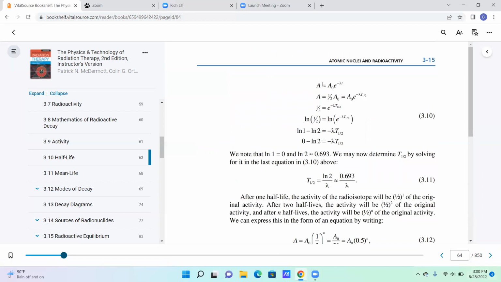So you can see here A is equal to A naught times e to the minus lambda T. If you go through, you can compute that half of this remains when it hits the time of the half-life. If you do some simplification, you can find this. Taking the natural log of both sides and eventually solving will get you down to this.